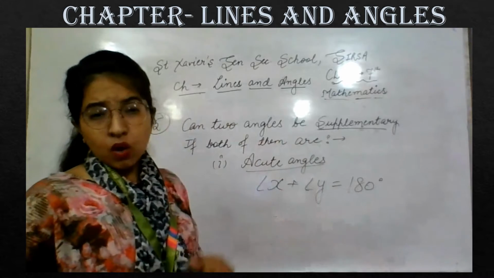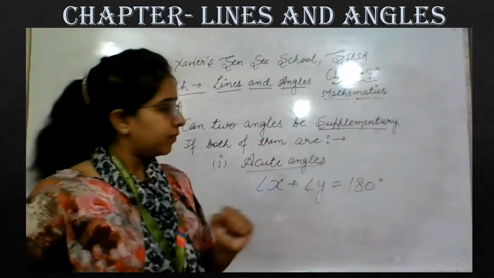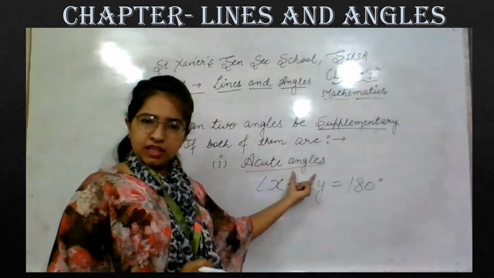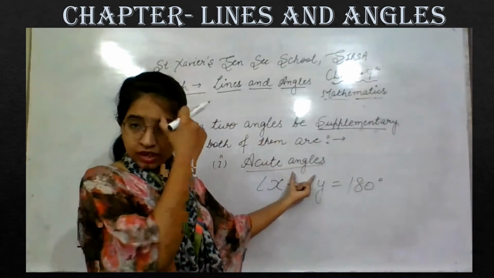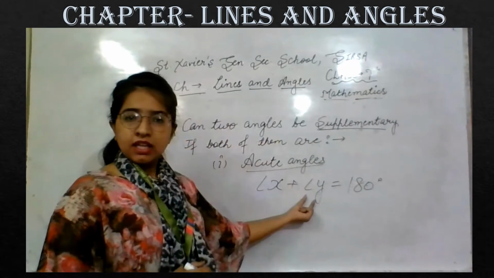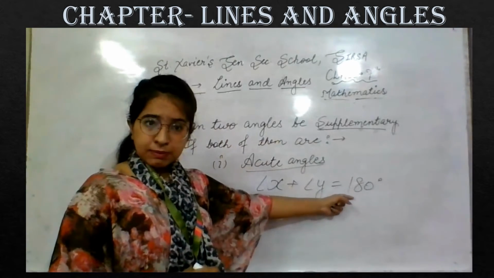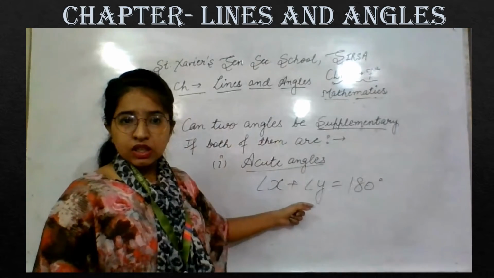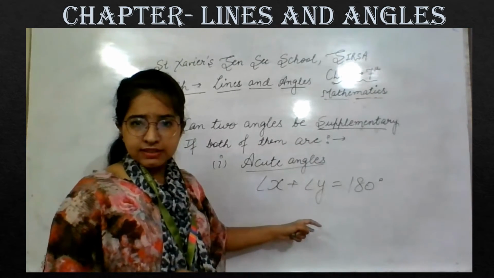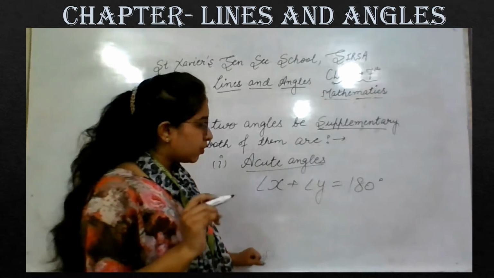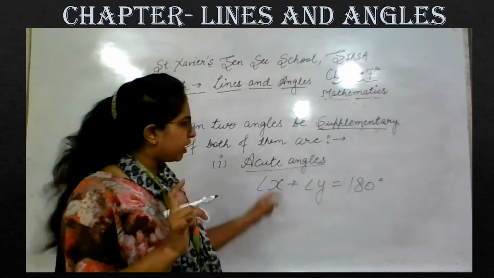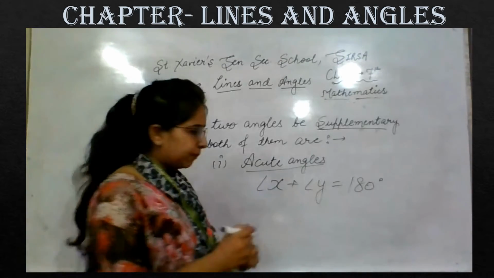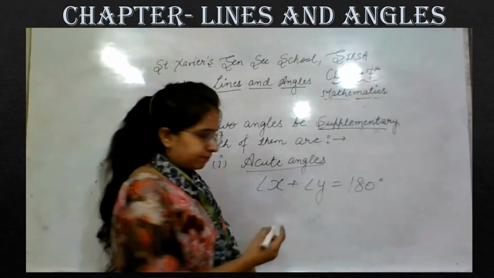Now what is he asking? Can both these angles, x and y, which are supplementary, supplementary means whose sum is 180, be acute angles? So for this, let's take, what are acute angles? Less than 90 degree. So I'm taking x as 45 only.